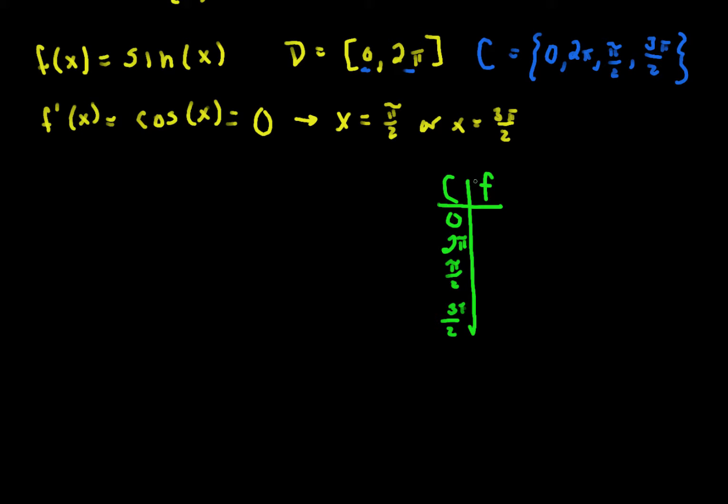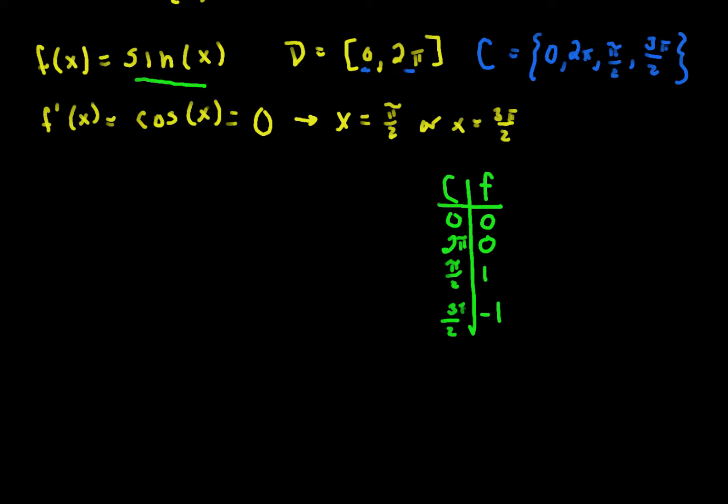And so our function is sine. So sine of 0 is 0. Sine of 2 pi is 0. Sine of pi over 2 is 1, and sine of 3 pi over 2 is negative 1.